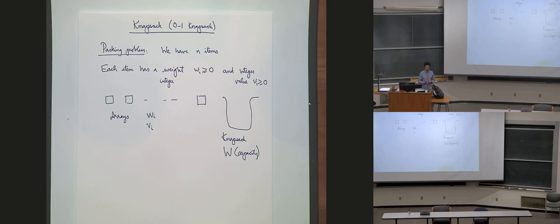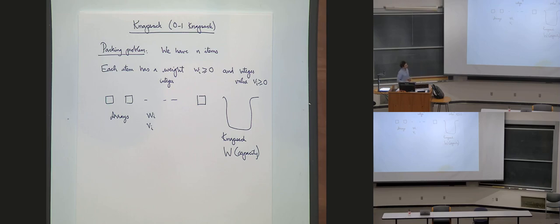Okay? Yes? Is it kind of like the rod cutting problem? The rod cutting problem, I don't think so. That's where you have a rod and you want to cut it into pieces, and depending on the length you cut it into, it has a different value.